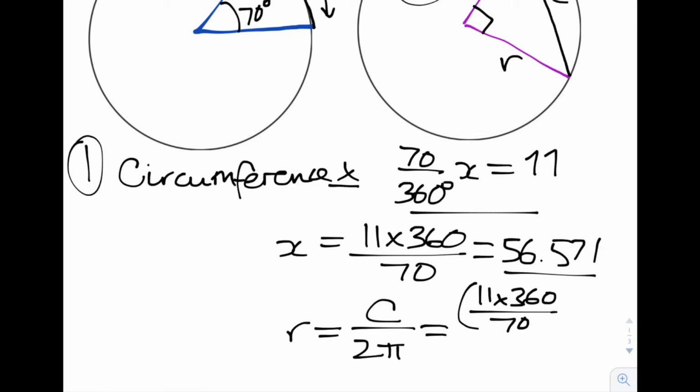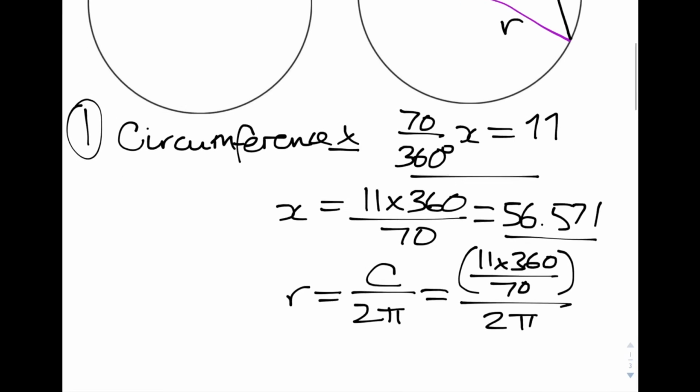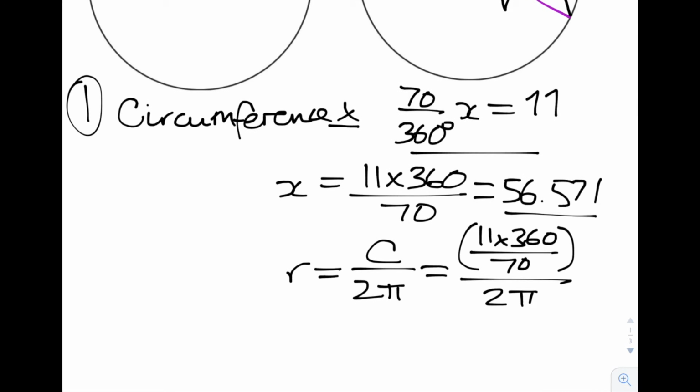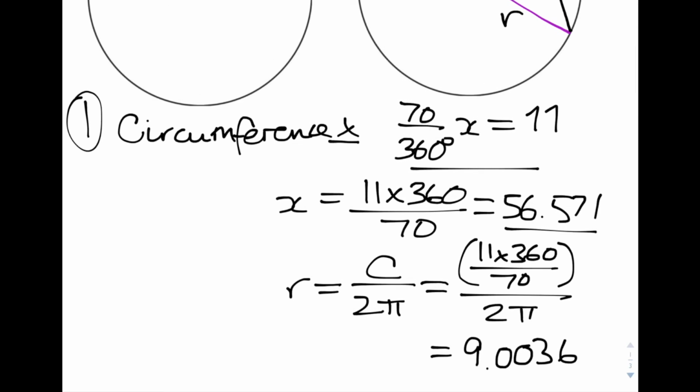That would be fine, since at the end we only need to give our answer to one decimal place. So all of this divided by 2 pi. And for the radius, what I get is 9.0036. So what's our next step?